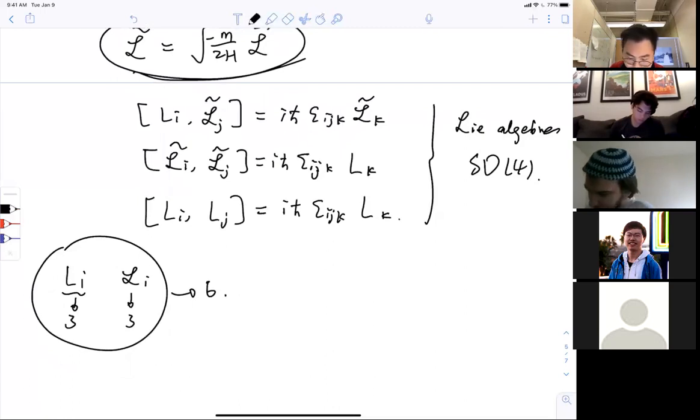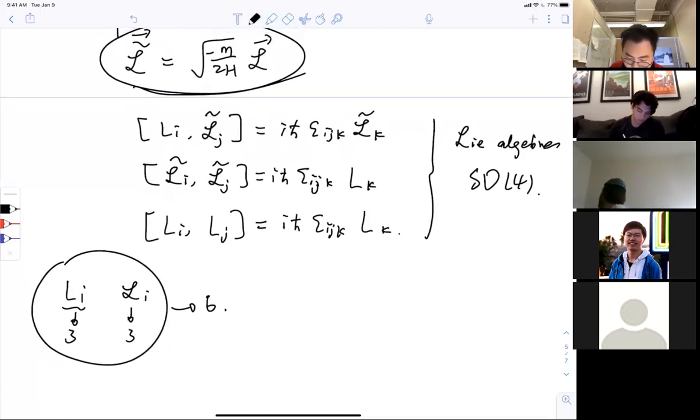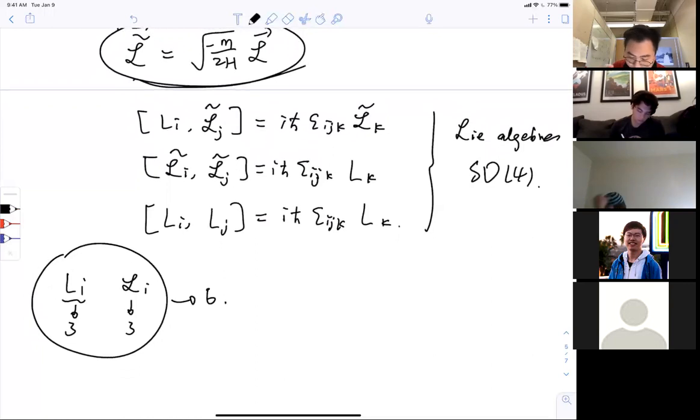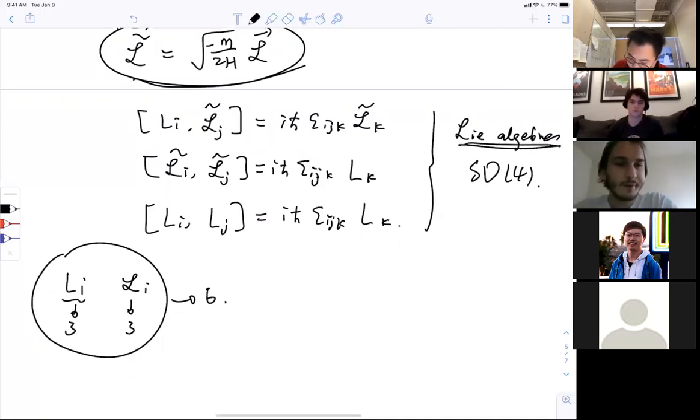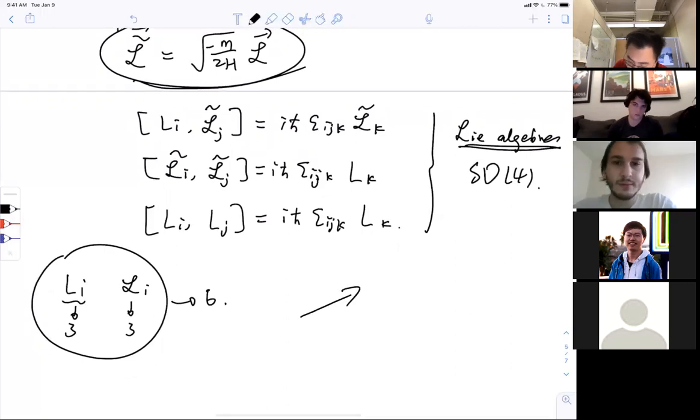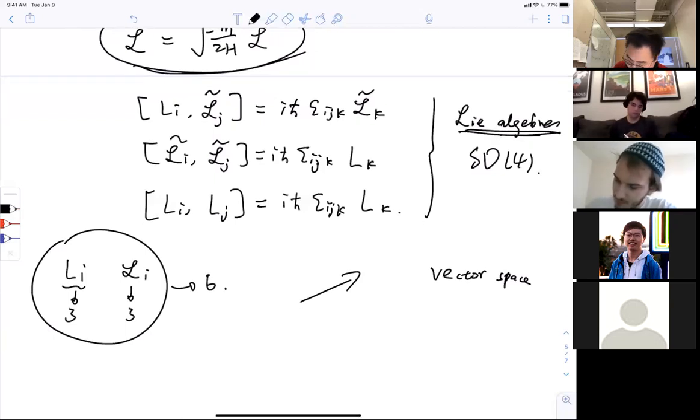Yeah, you need to go... Let's leave that part to the next discussion. I will show more steps, but in this case, you can imagine it's a 6-dimensional vector space. Right, an algebra is also a vector space.